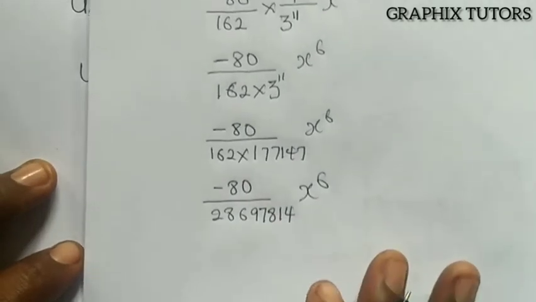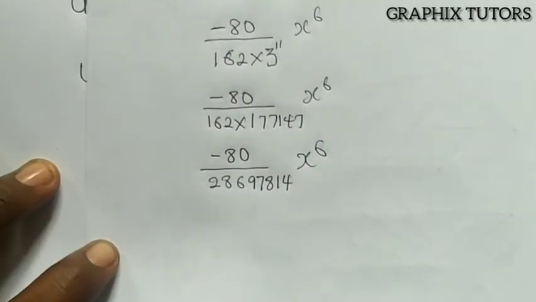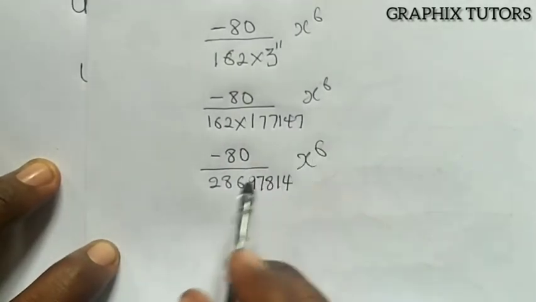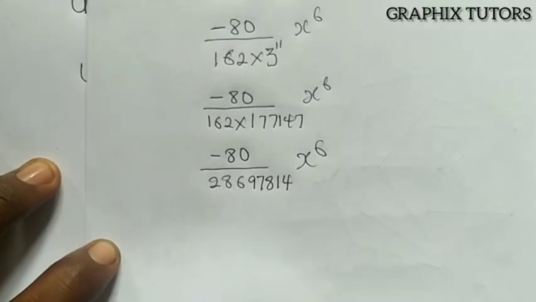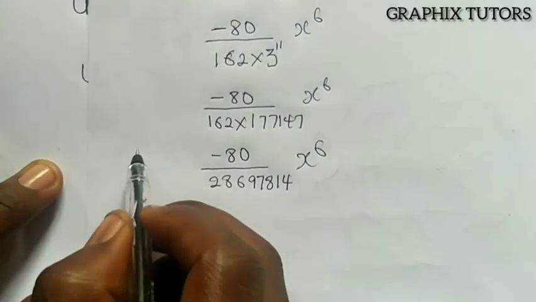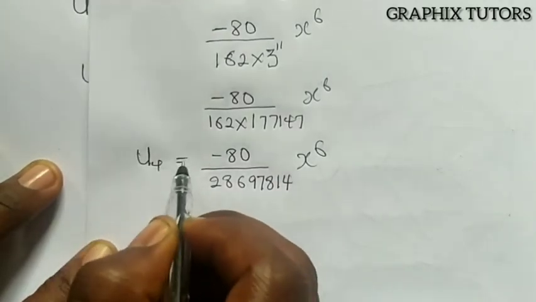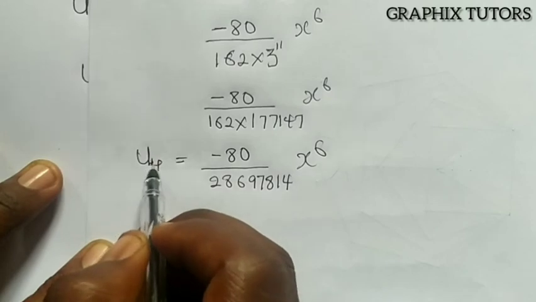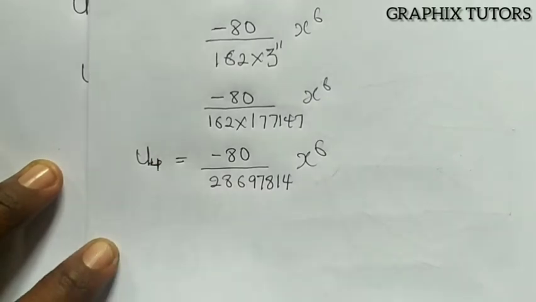So that is what we will be having. So in terms of x, our answer is minus 80 divided by 28,697,814, and that is u4. So that means our value there.